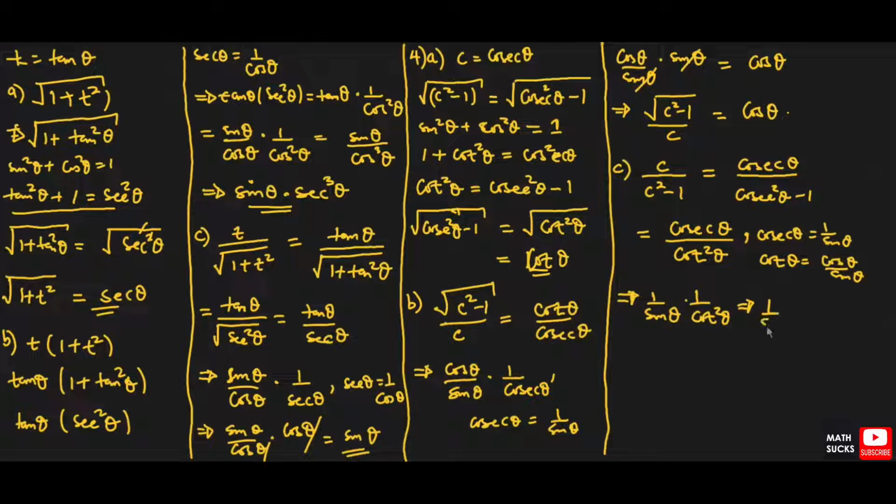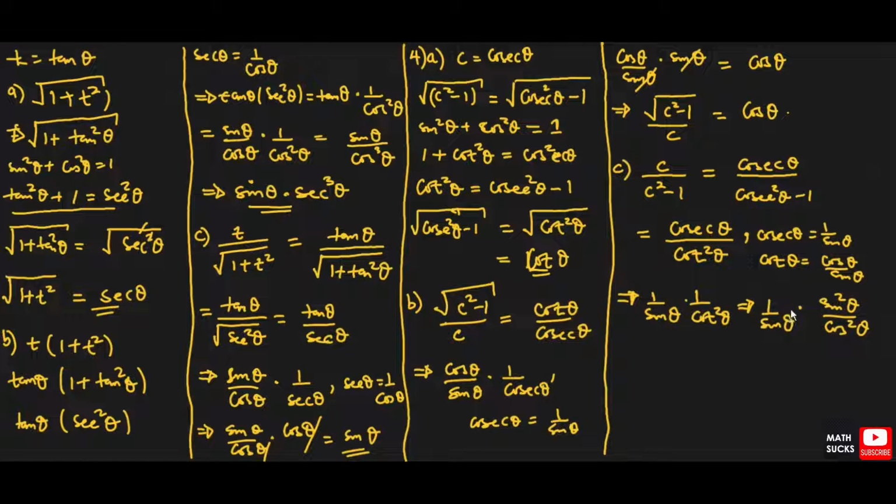This takes us to 1 over sine of theta multiplied by 1 over cot squared. 1 over cot is tan, so that means we have tan squared, but tan alone is sine over cos, so this is sine squared theta over cos squared of theta.